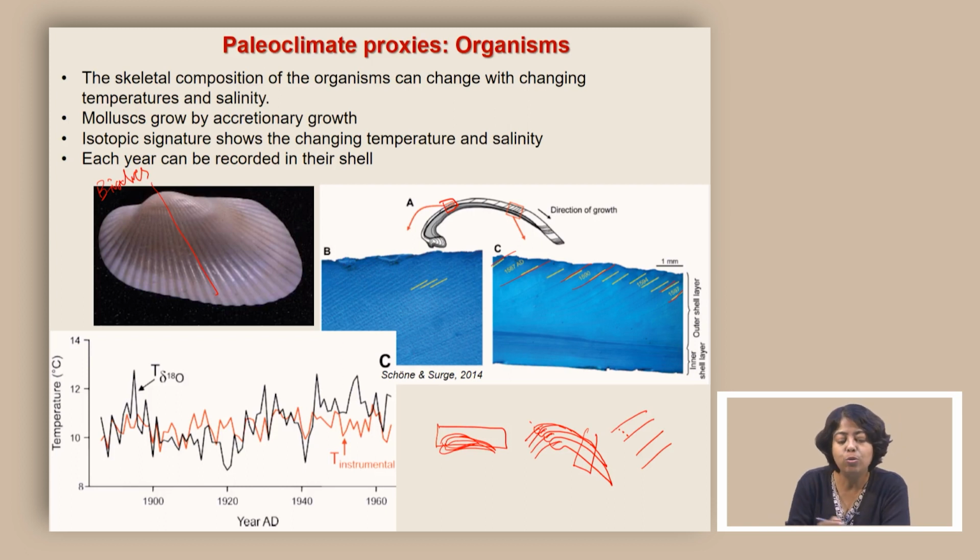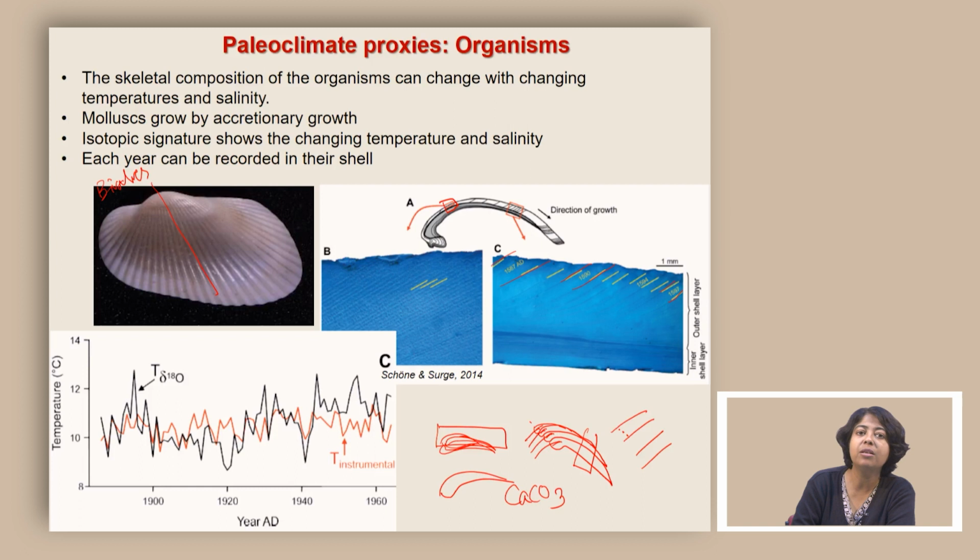Then you can do the same thing with the isotopes, because bivalves also have calcium carbonate shells and they are secreting it from the ocean chemistry. So, they also keep the signature of the ocean. Not only that, when the bivalves grow their shell, it matters to them whether it is a cold condition or a warm condition.